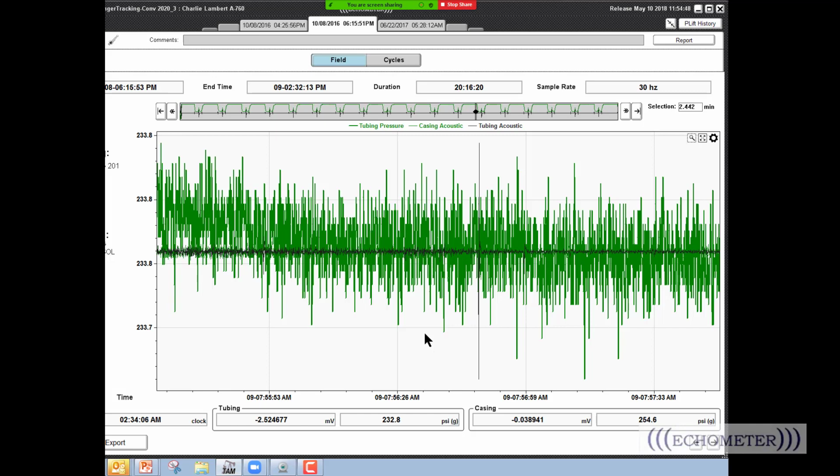So compressor noise could be a problem tracking the plunger down the tubing if we're getting that noise in the tubing. But if it's on the casing, I'm not sure it's going to be much of an issue. I don't know for sure, but if it's being picked up on the tubing and it's noisy, you just won't be able to track it.